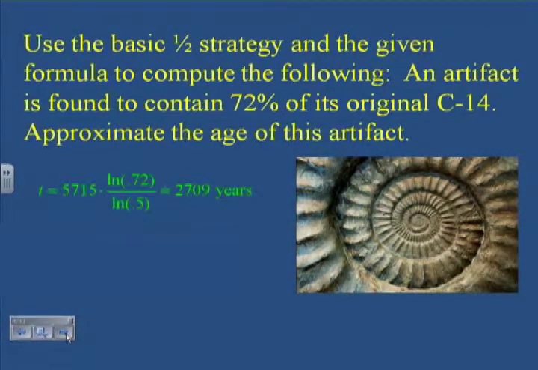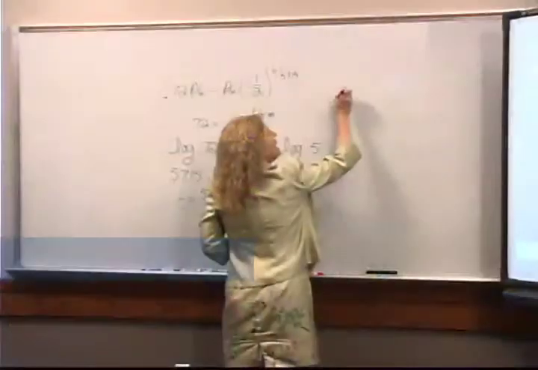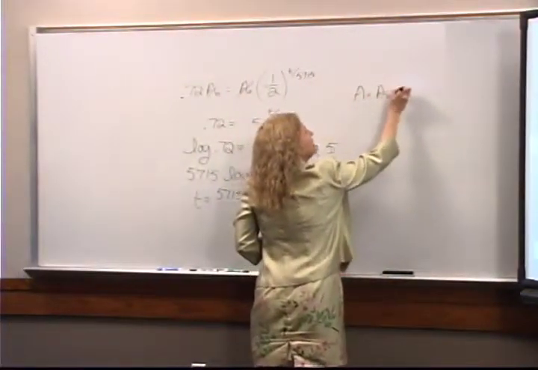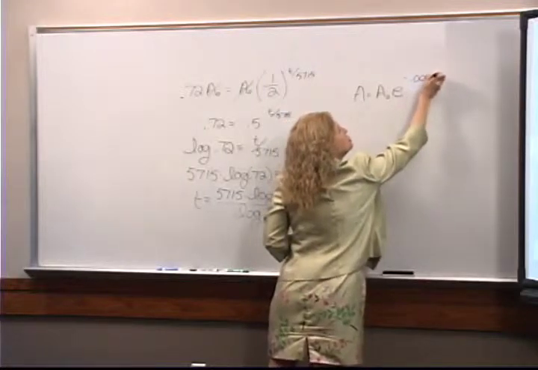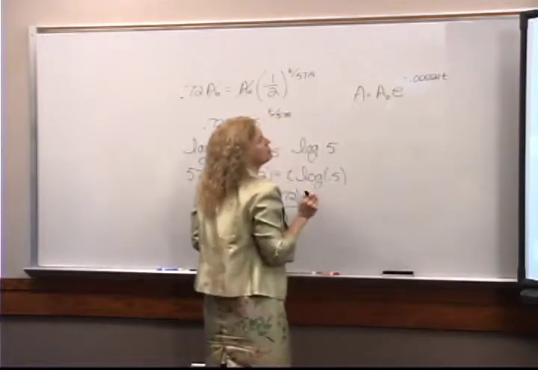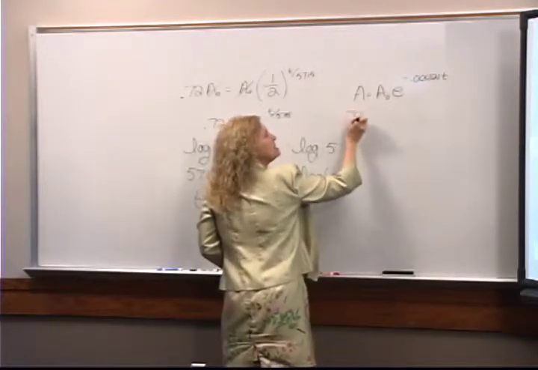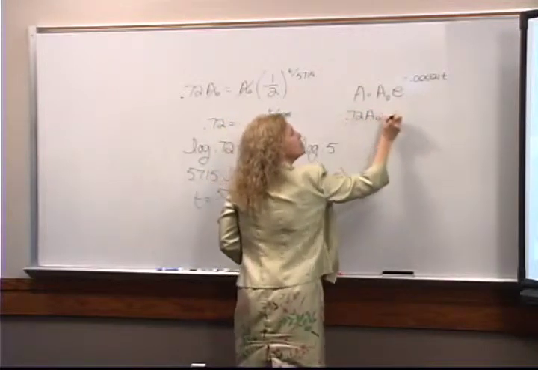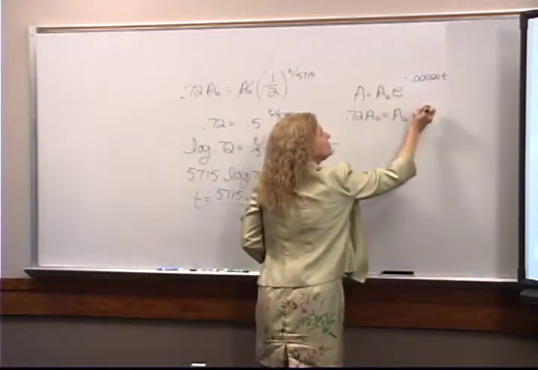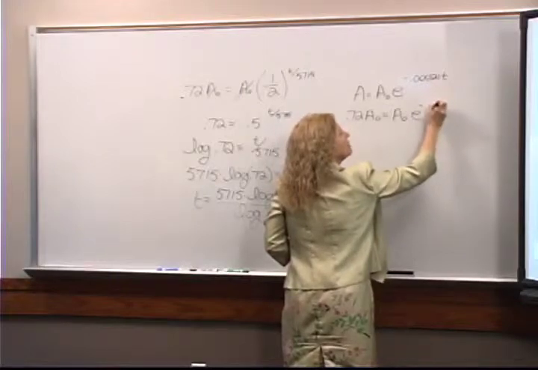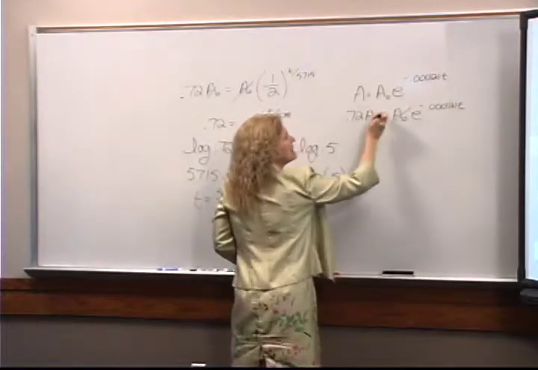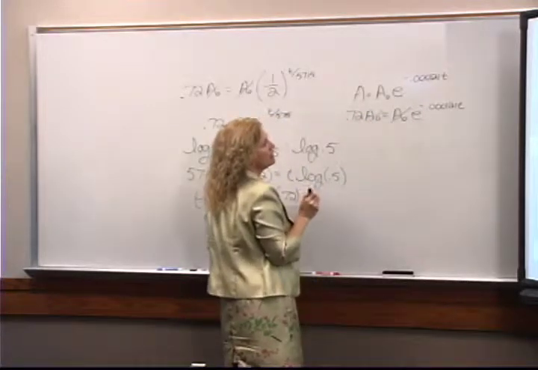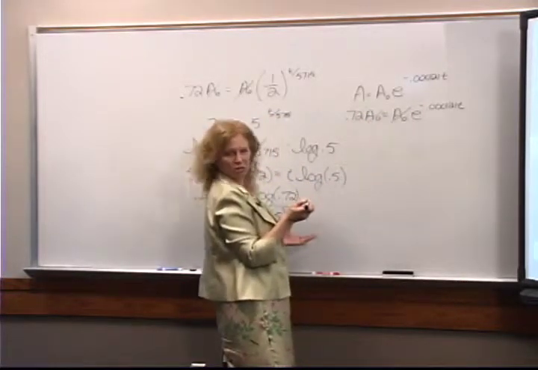Now, when I run the other equation, A equals A naught e to the negative 0.000121 t. And I say 0.72 A naught equals A naught times e to this ugly exponent. The A naughts cancel out, and I want to use natural logs, right?